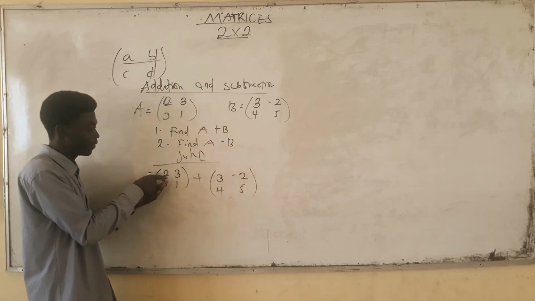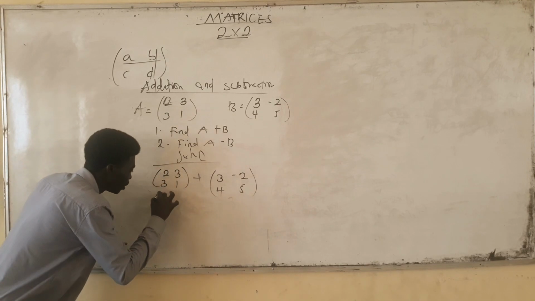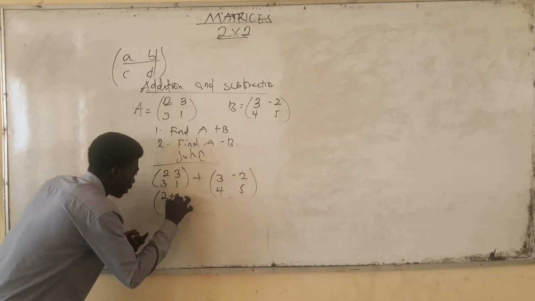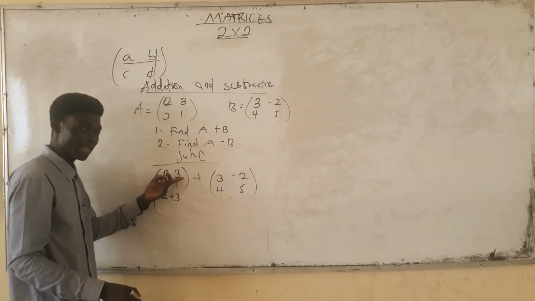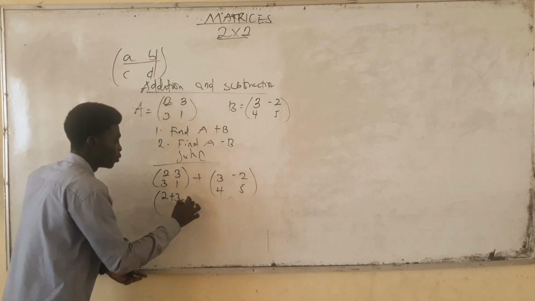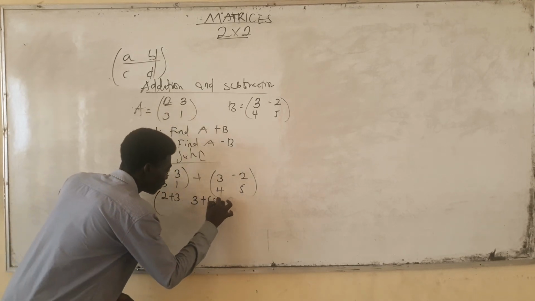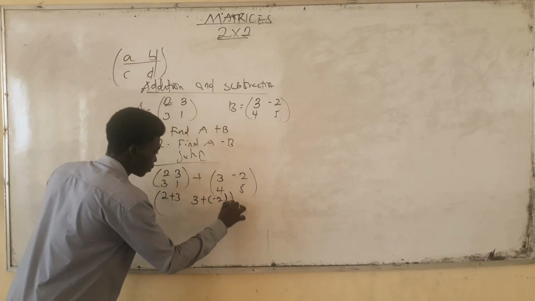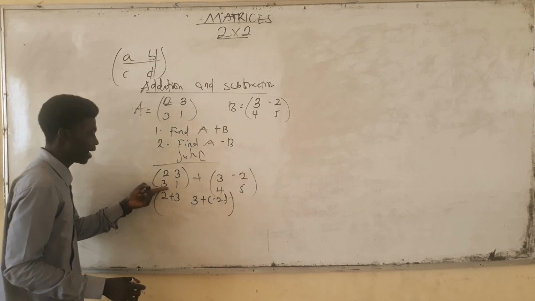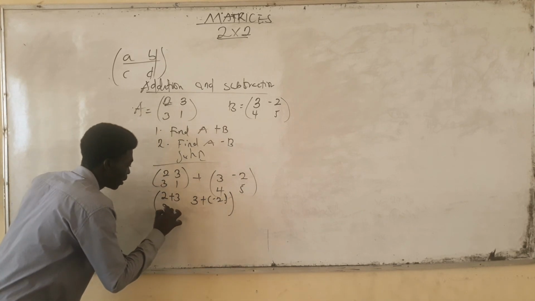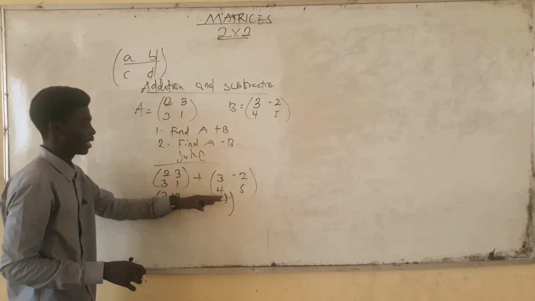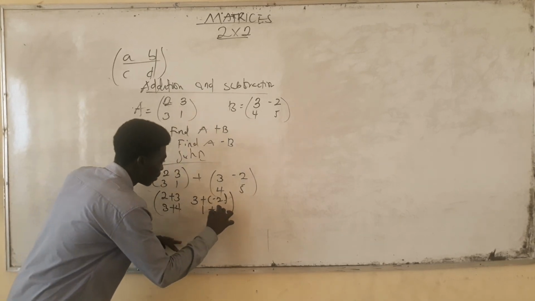In the first position we add 2 and 3. The second position, 3 and -2. Followed by this, 3 plus 4. And then the last one, 1 plus 5.